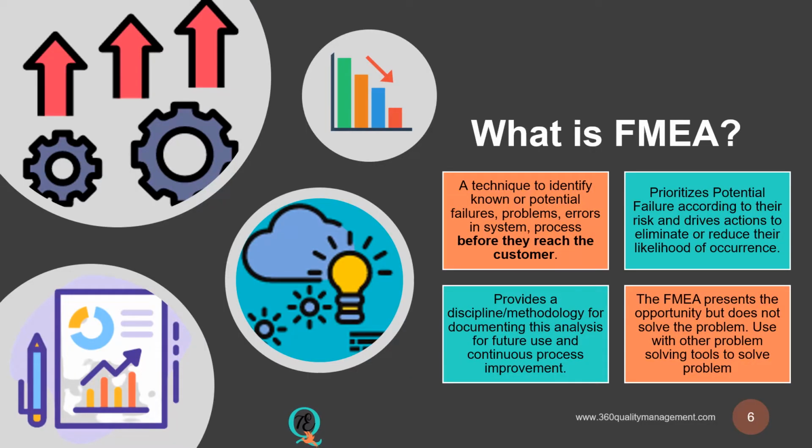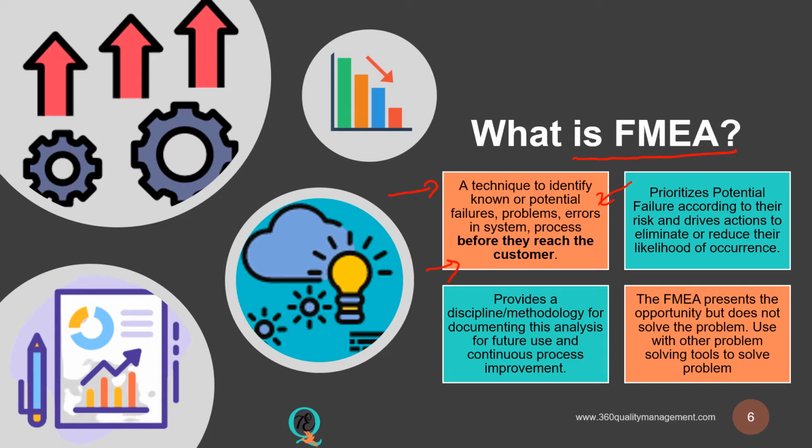Let's understand a little bit about failure mode effect analysis, known as FMEA. It is a technique to identify known or potential failures, problems, or errors in the system, in the process, in the product before they reach the customers.